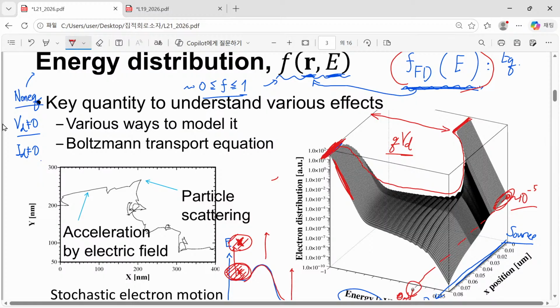Please note that this is just a logarithmic scale. So this straight line is corresponding to exponential decay of occupancy. Simply speaking, if we go to higher energy states, then there is a much lower probability to fill those states. So this is just a Maxwell-Boltzmann distribution, and here we also have a Maxwell-Boltzmann distribution, exponentially decaying.